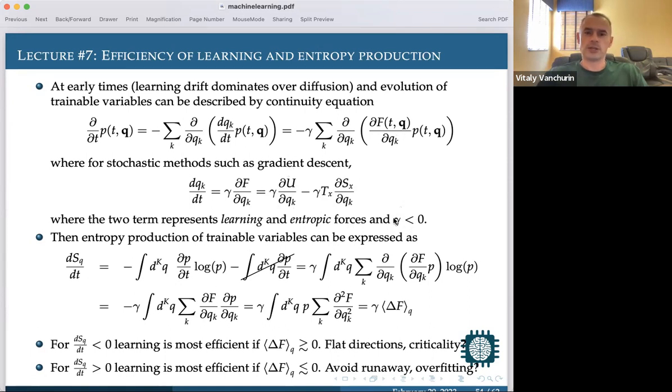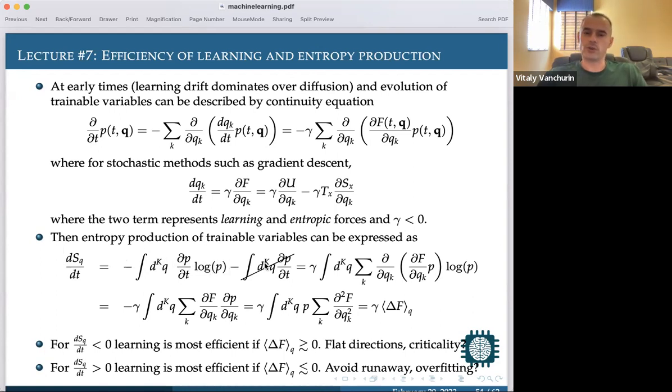This is our equation. Let's now look at the main quantity, entropy production. Entropy production is given by this. It's d/dt of the entropy of the trainable variables, which is the negative integral of p log p. What I do here is take this d/dt inside the integral, and then there are two terms: differentiate the p, and the other one where the factor is log p, differentiate log p.